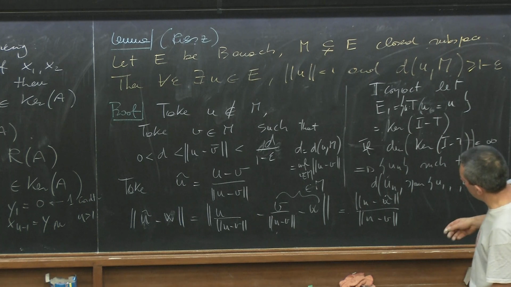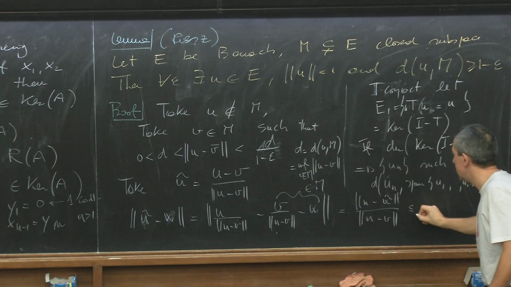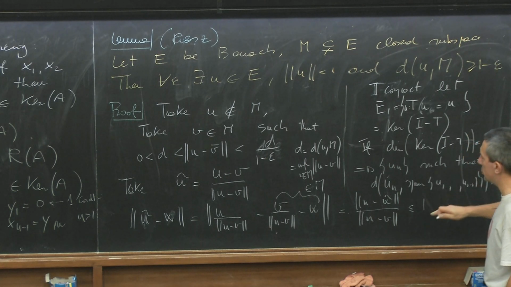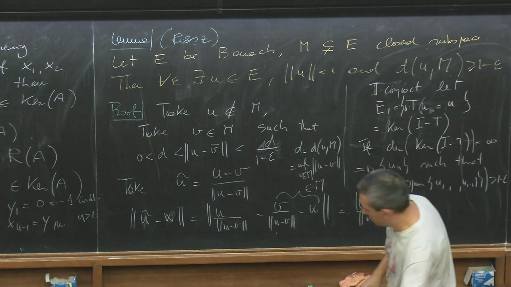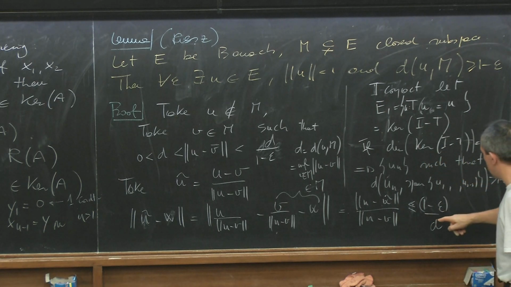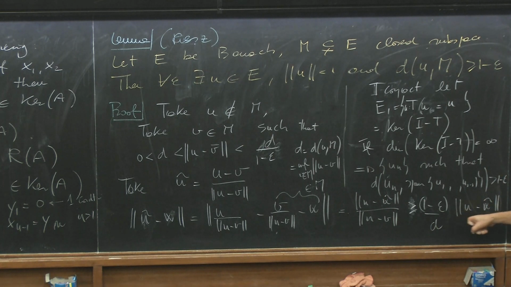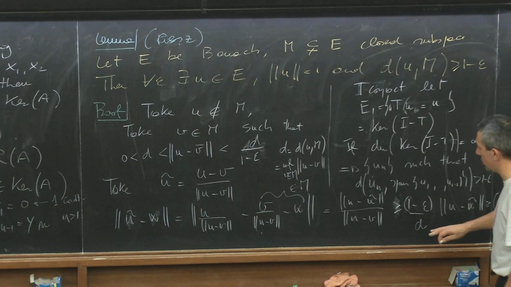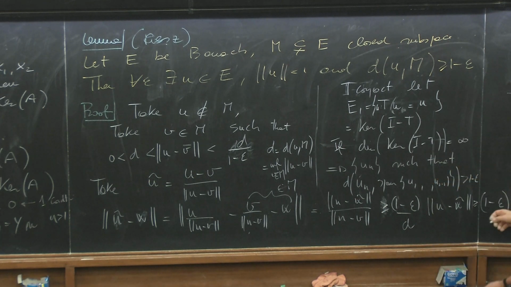Remember, this norm is less than the bound above, so it is less than 1 minus epsilon over D. And this is greater or equal because I take the lower bound: the norm of U minus W tilde, whose minimal value is D. Okay, that's fine.